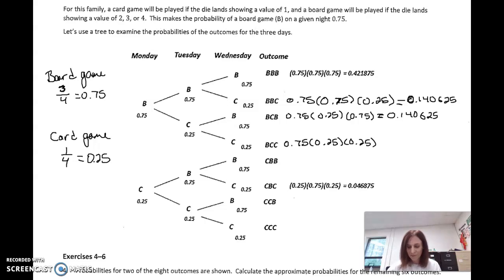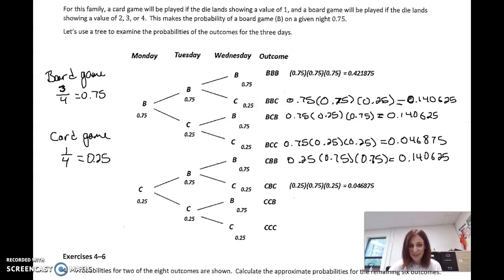All right, BCC. So it's going to be 0.75 times 0.25 times 0.25. You type that in, being careful here, 0.046875. CBB, 0.25 times 0.75 times 0.75. Told you, getting sloppy. We get, again, 0.140625. Thankfully, this one is done for us.